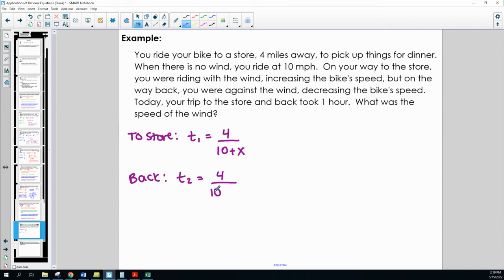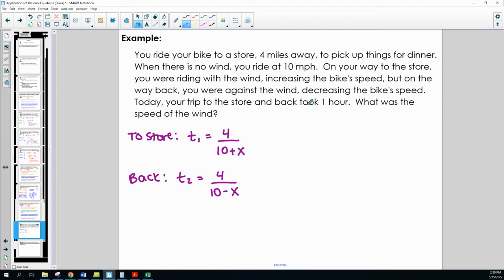So you're going to have 10 minus x. You always want to make sure that your rate is first when you're writing the rate expression, and then the speed of the wind or the speed of the current will always be second. So it's going to be your speed plus or minus the wind's or current's speed.